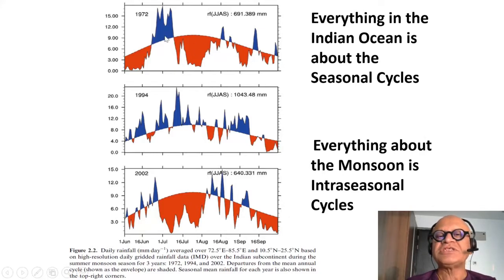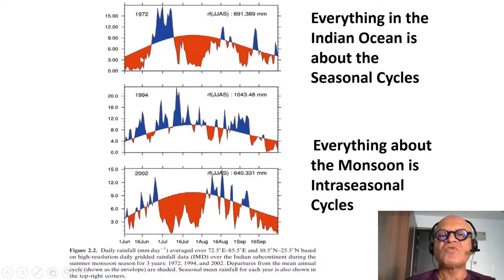So the season is made up of these active and break periods, and if you look from year to year, the seasonal mean rainfall is different. So this is only 691 millimeters of rain over 4 months. This is more than 1,000 millimeters, and this is even less, 640 millimeters. Is there a relation between active break periods and the amount of rain?